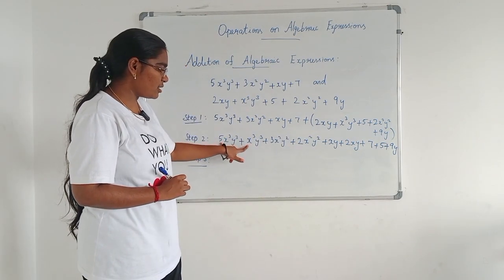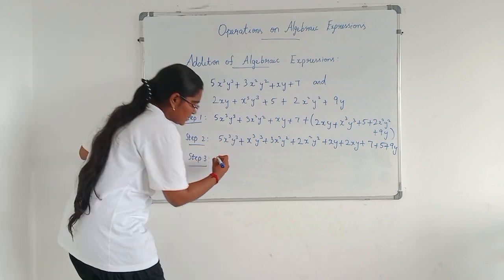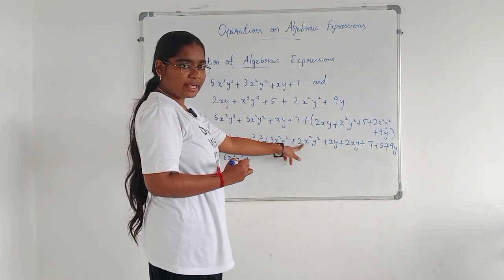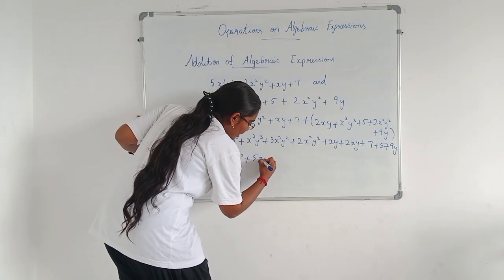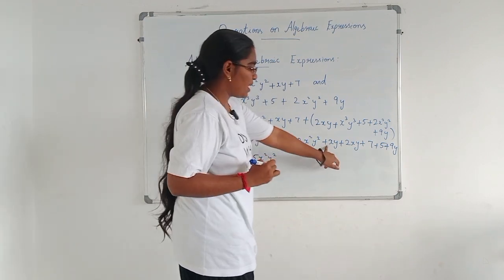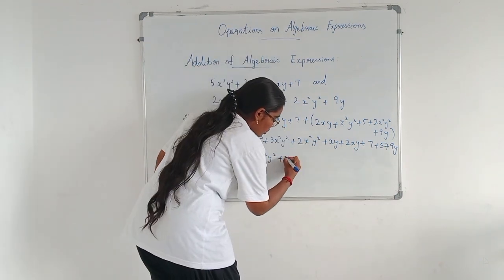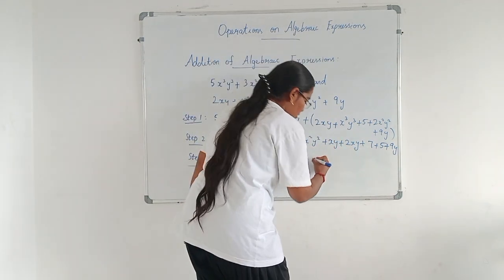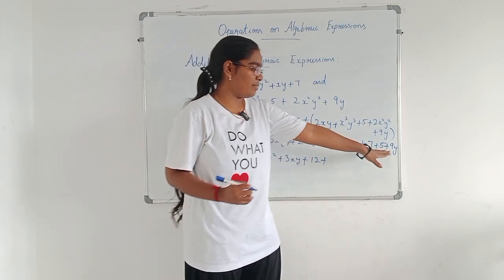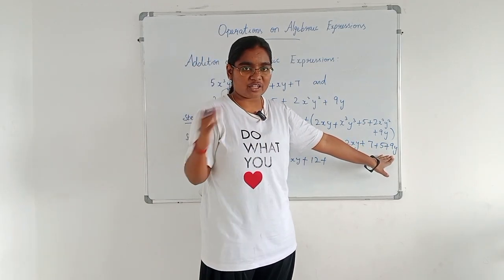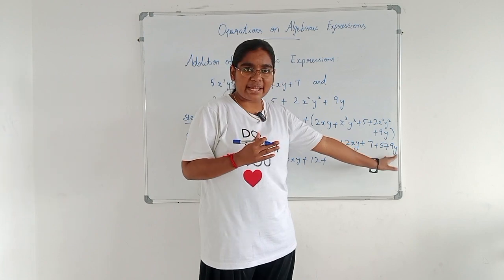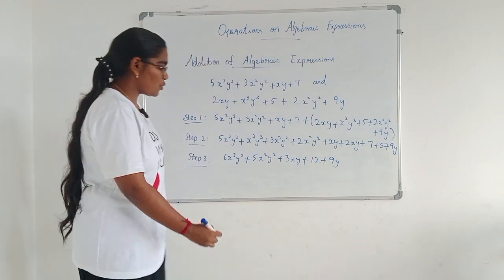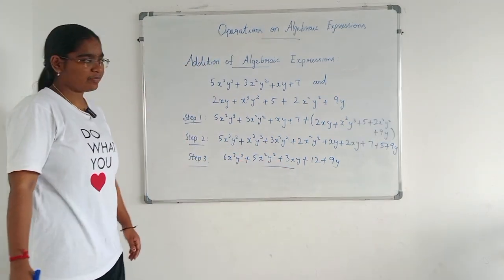So here 5, here 1, so 5 plus 1 is 6x cube y cube, plus here 3, here 2, so plus 5x square y square, plus here 3xy, so plus 3xy, plus 7 plus 5 is 12, and this term has no other pair, no other like terms, so we have to write that term as it is. Okay, so plus 9y. This is your final answer.